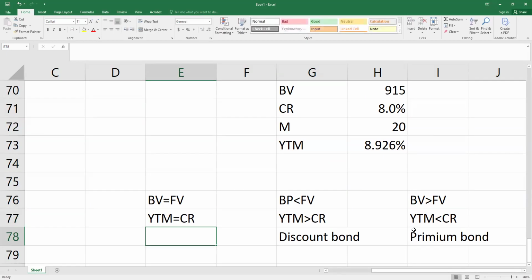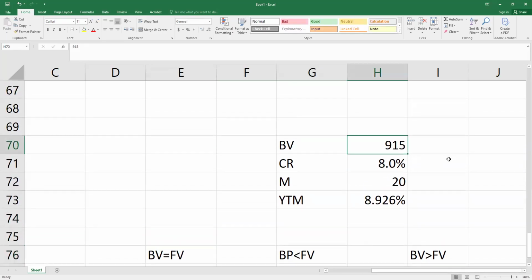It's called a bond at par. In this case, you don't have to calculate anything. If you see that the coupon rate and the YTM are the same, then the bond price will be the same as face value.